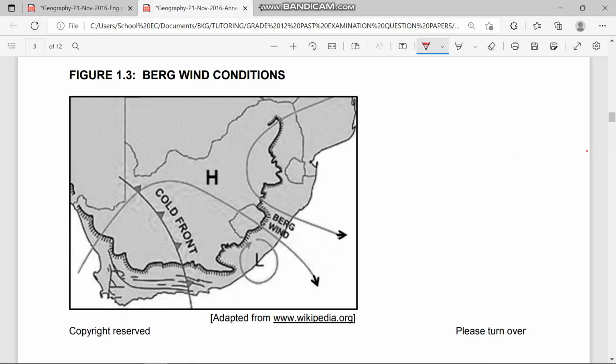This is another way of showing berg winds, instead of using the South African map. I showed you in one of my lesson videos for berg winds how to draw it and how to show it. So let's show it right now.